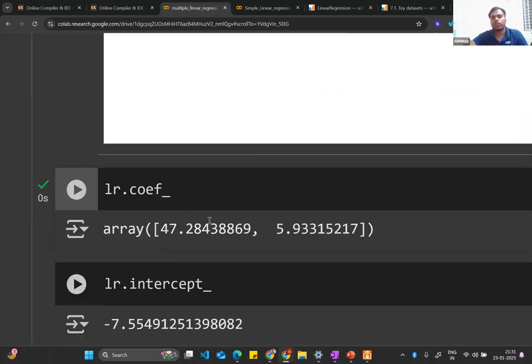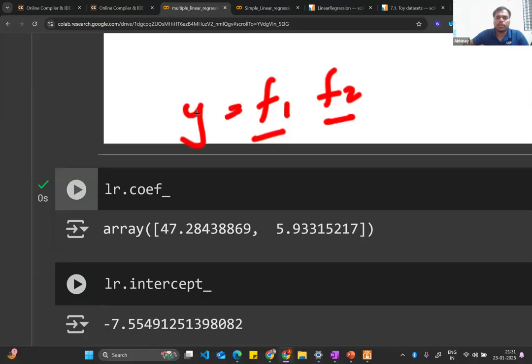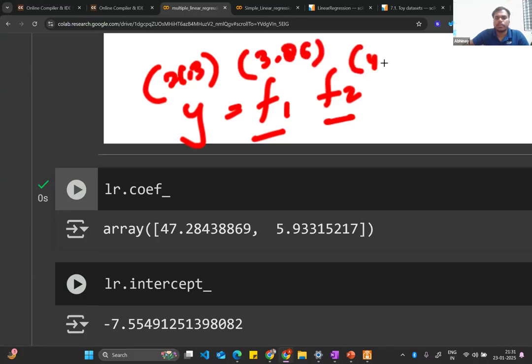If you want to check the coefficient for each point, let's suppose there is one point whose feature one value is something, feature two value is something, and y, your output value, is something. Let's suppose it is 26.3, 3.86, and 4.27.